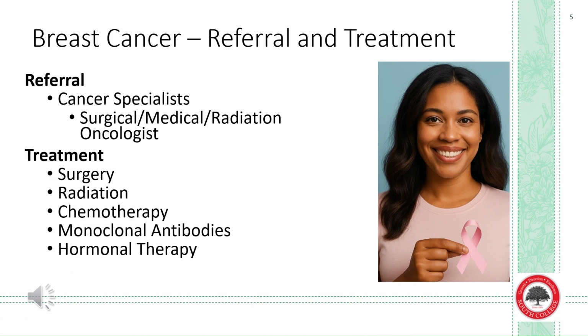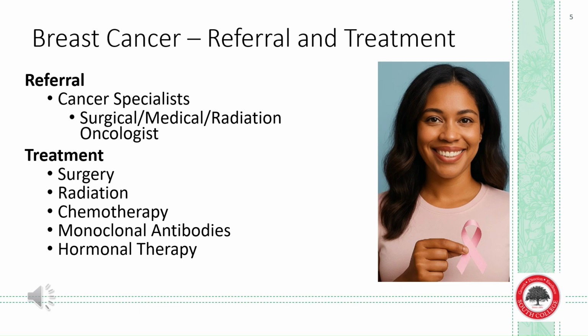A patient diagnosed with breast cancer is referred to a cancer specialist. These include a surgical oncologist, a medical oncologist, and or a radiation oncologist. So they may have a team, and that team should provide comprehensive treatment for their cancer.